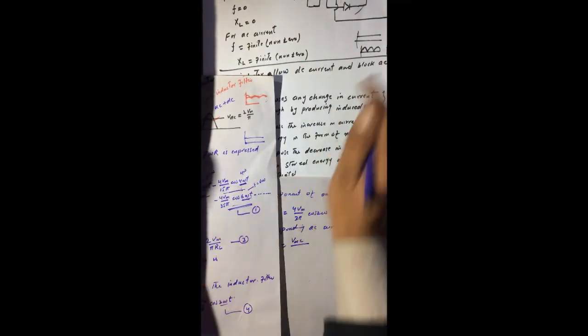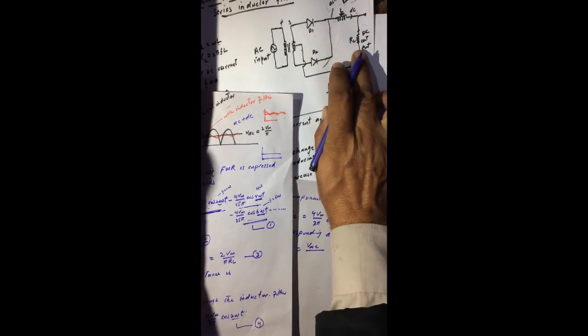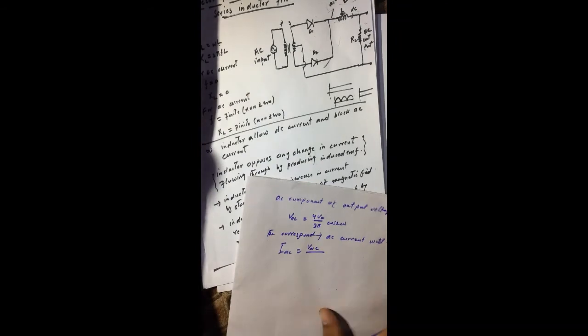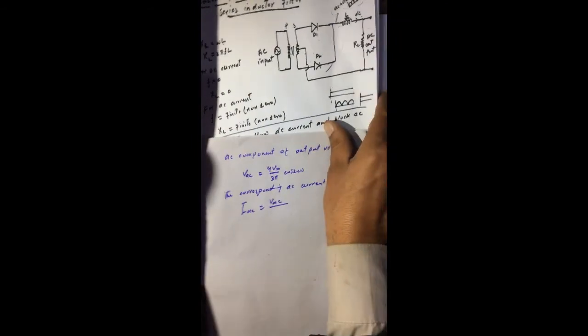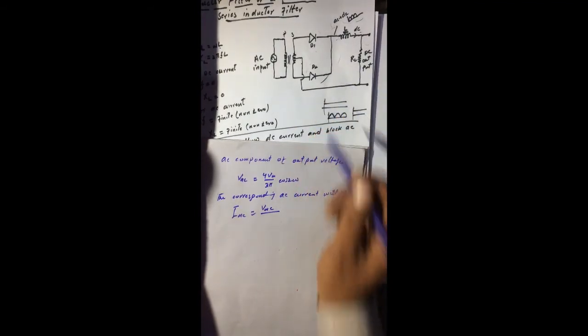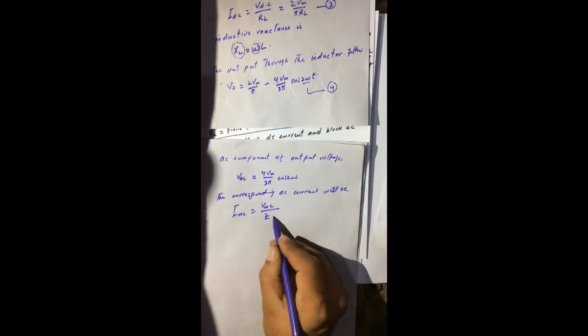Now the resistance here is of two types: one is the resistance offered by the inductor, and the other is the resistance offered by this load resistance. Their sum is called impedance, which we represent by the symbol Z, where Z represents the impedance.